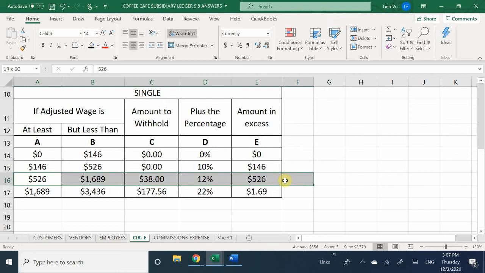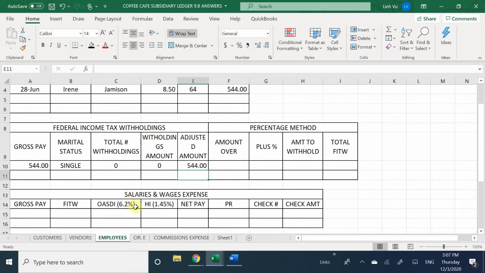And after that, any amount that she's made over is going to be taxed at 12%. And lastly, the government's going to let her keep $526. So with this piece of information, I'm going to apply it to my little employee table here.